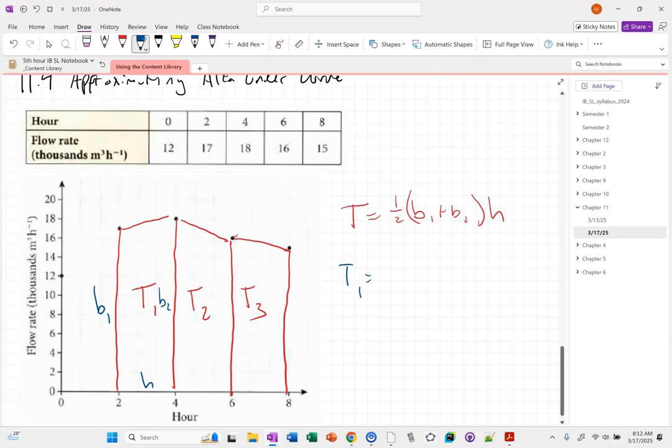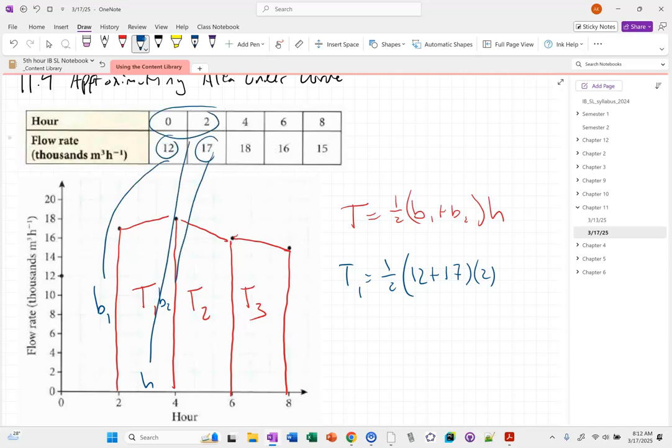So T1 is going to be 1/2 times 12 plus 17 times 2, right? So the heights are just going to be the y values, and the h is going to be the difference in the x's. Is everybody okay with how I filled that in?